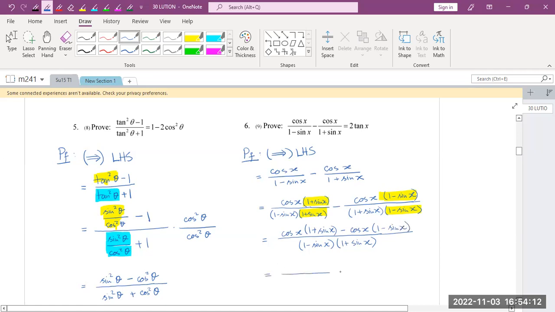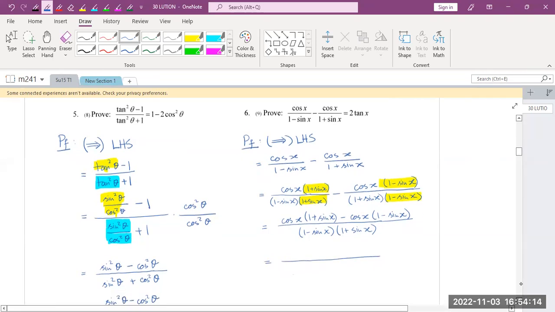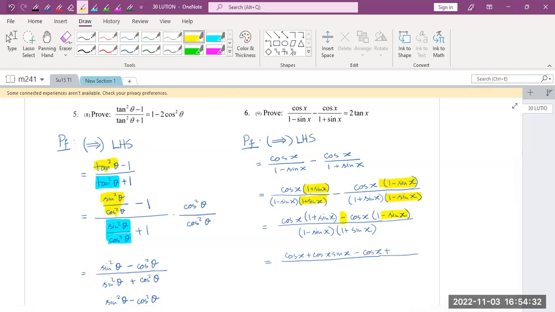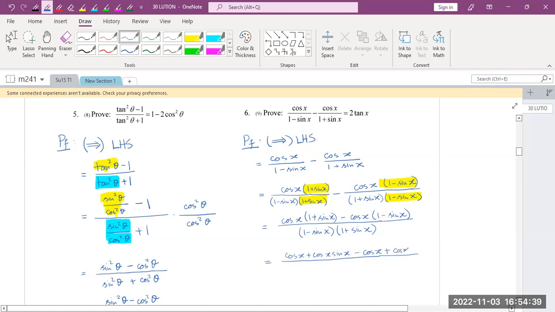Now on the top, I will distribute: cosine x plus cosine x sine x, minus cosine x, plus, because we have negative times negative, plus cosine x sine x. You need to be patient, I know.